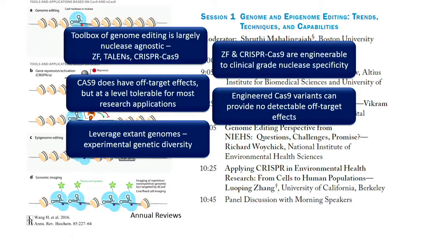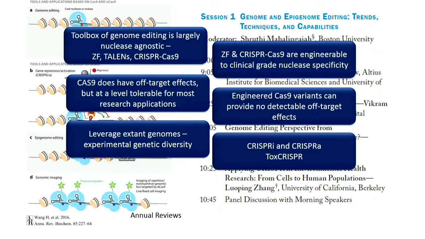One thing that I think was a great add to this was the concept of leveraging the extant genomes. So the concept of using the different mouse strains, taking what we know already and building a diverse population and providing data around that. That was really exciting, and I want us not to lose that as we think about genome editing.